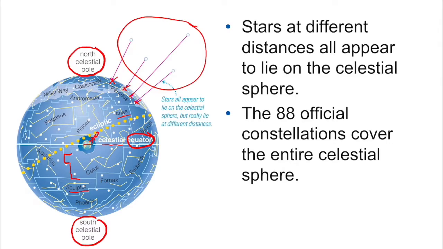it's just an imaginary projection. But it makes it very helpful to have coordinates, because now in addition to referring to a star that's located in a particular constellation, just for quick reference, you could say, oh, I have a star, say this one here, and I know exactly where it is relative to the celestial equator, so I would have an angle relative to the celestial equator, or I could compare it to the celestial North Pole at a different angle, and then relative to my current location, I could have what's called a declination.